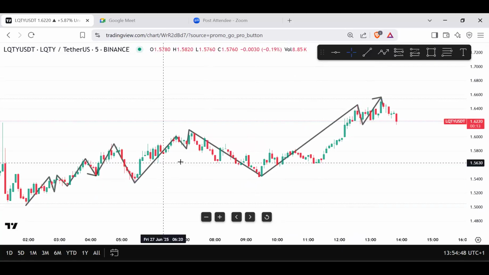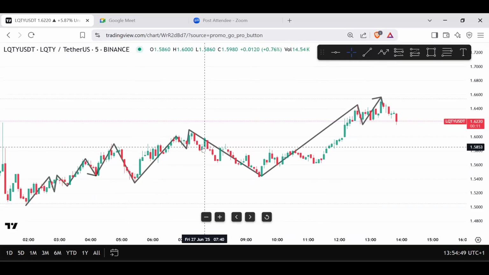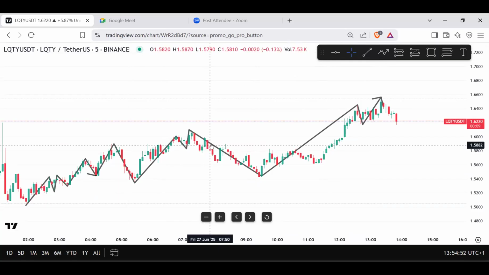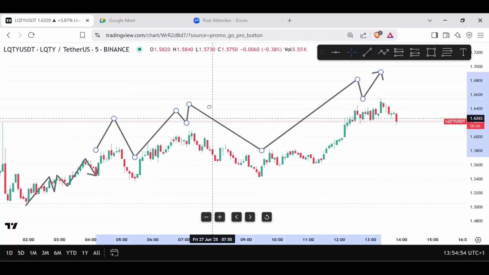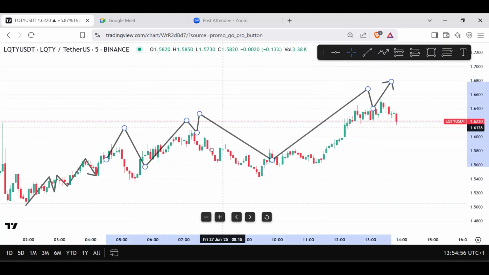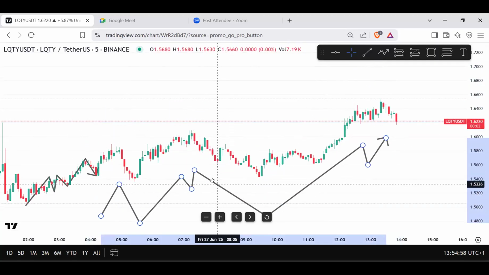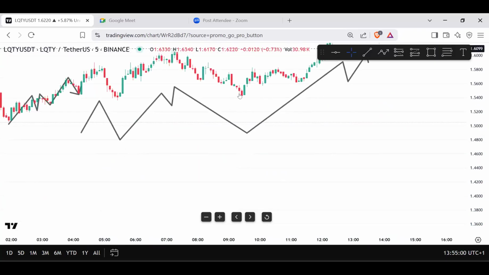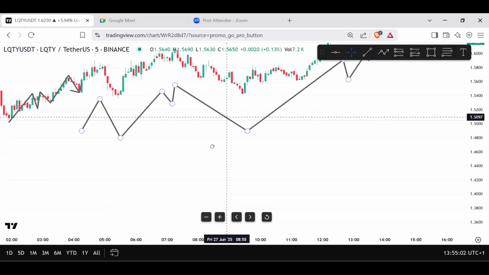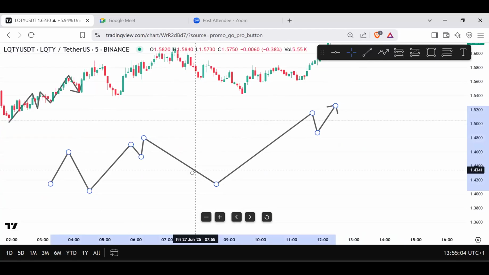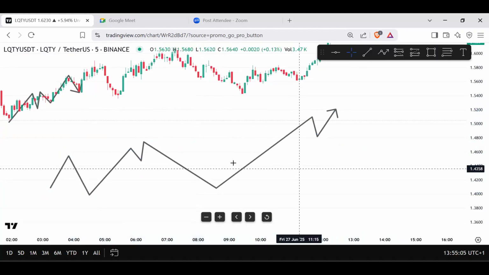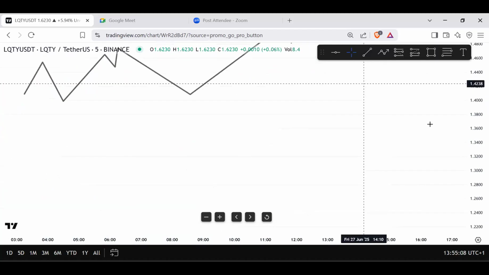When the market is forming, going up or down, it's going to be forming pullbacks. If you remove these valid pullbacks, what we have is an impulse.